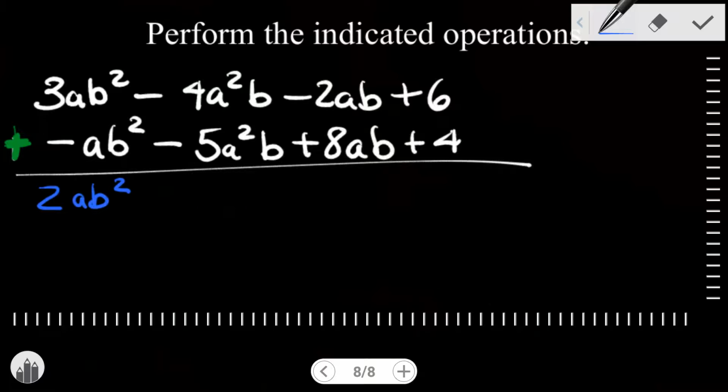Now moving over to the next set of terms, we have another set of like terms. So we have a negative 4a squared b plus a negative 5a squared times b. So negative 4 minus 5 is going to be a negative 9.